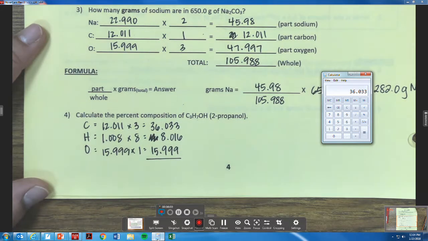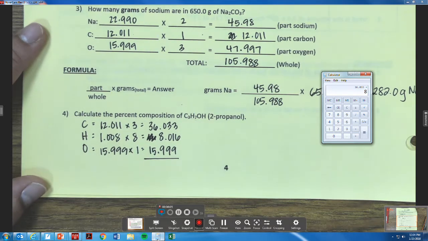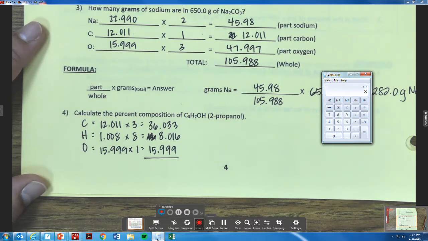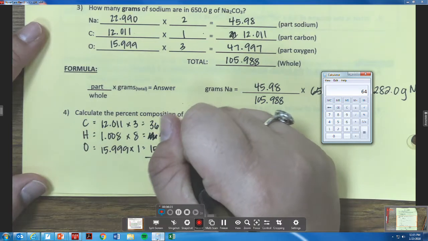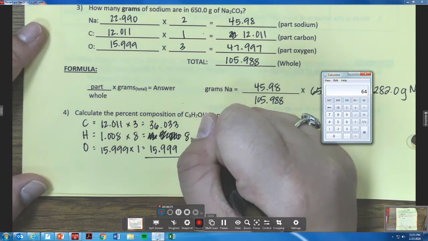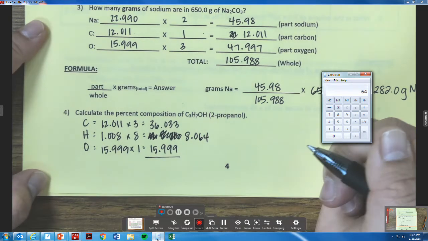When we add that all up, 36.033 plus 8.016 plus, oh, that's not right. I just realized, 8 times 1.008 is not that. 8 times 8 is 64, so this should actually be 8.064.